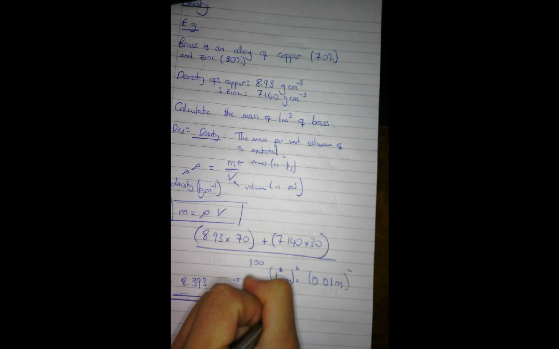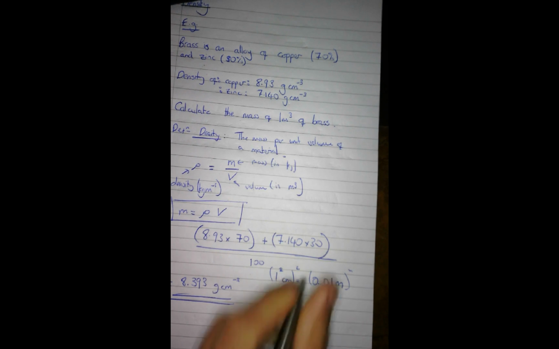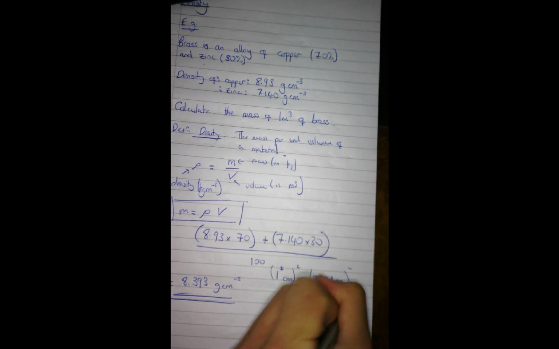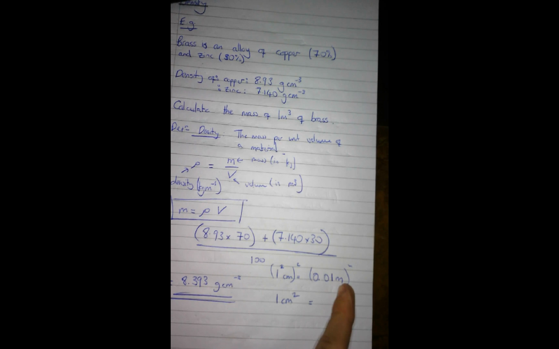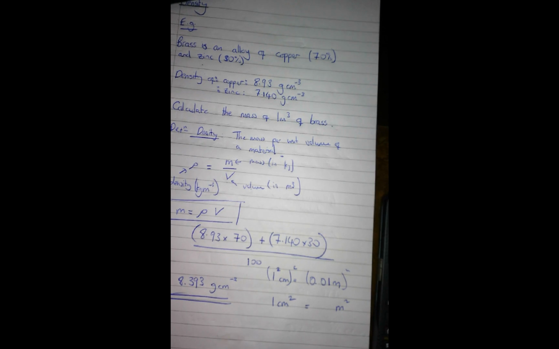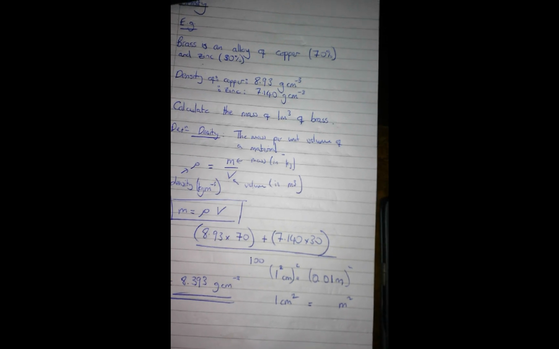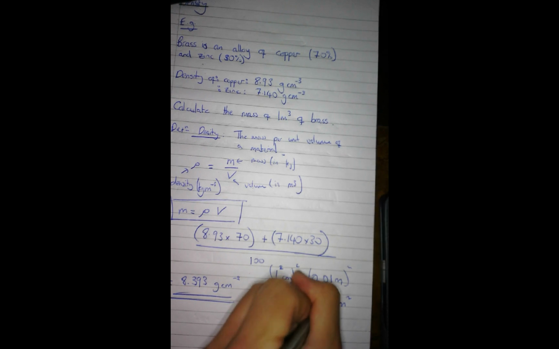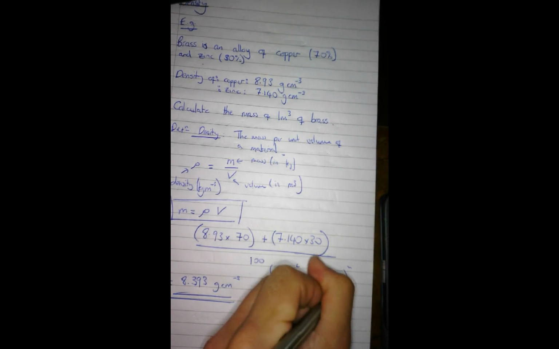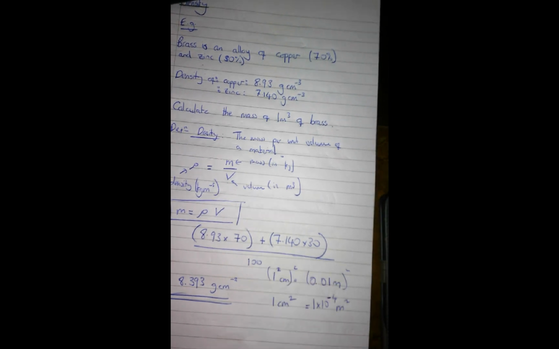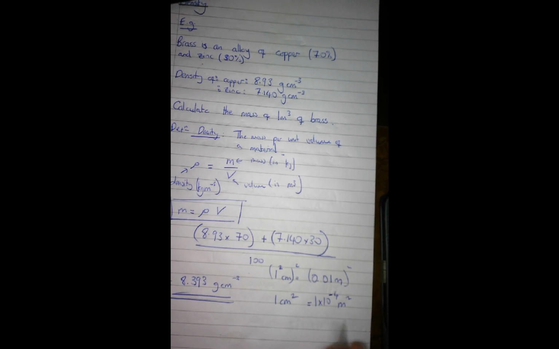We end up with 1 centimetre squared equals, well, we've got metres squared from squaring the metres, and we've just got to square our 0.01, and that gives us 1 times 10 to the minus 4. So there we've got our conversion between centimetres squared and metres squared.